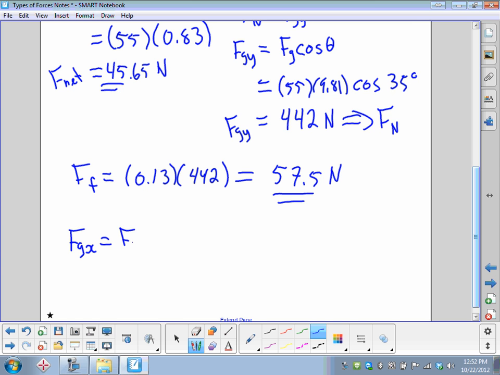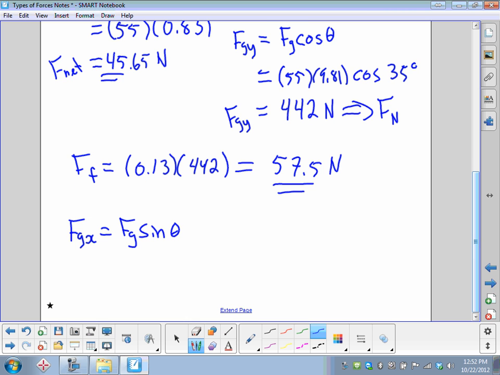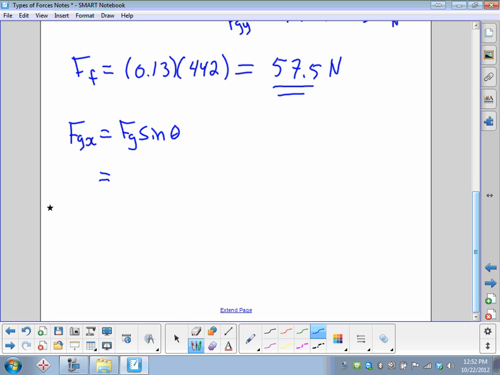That's going to be the magnitude of the force of gravity times sine of the angle. Again, it's sine now because we're on a ramp. If you look carefully at the geometry of the triangles, you'll see that the x component of the force of gravity is the side opposite the angle. So force of gravity is our mass times 9.81, and then sine 35. So Fgx is going to be 309.5 if you want an extra decimal place there.